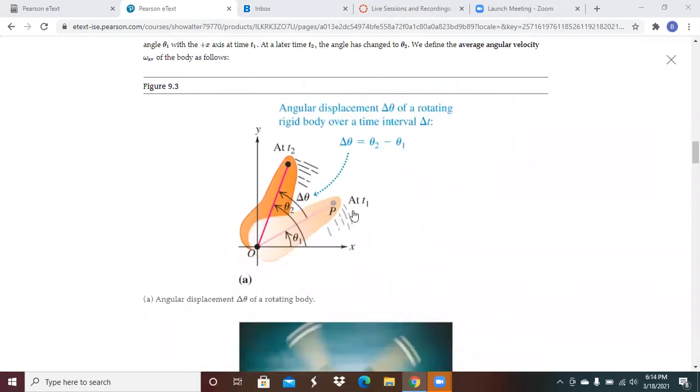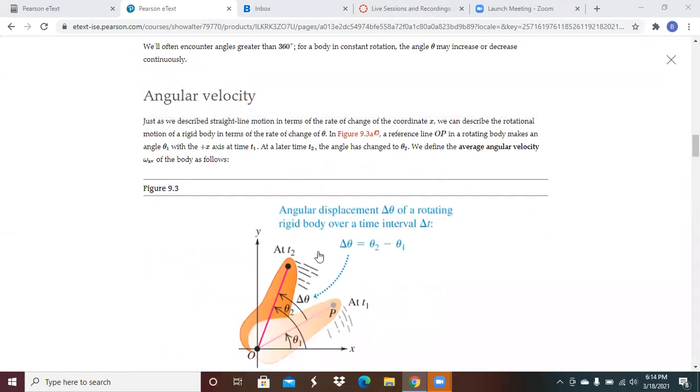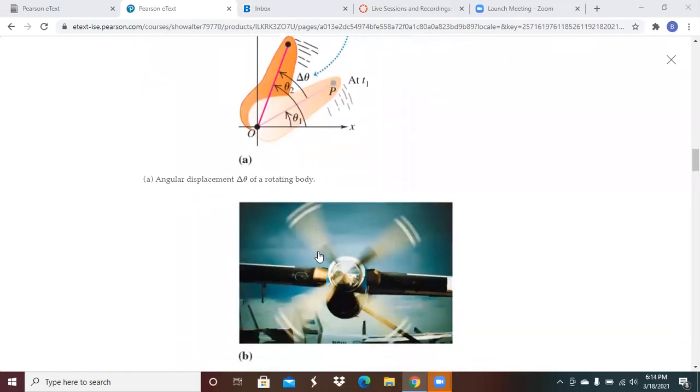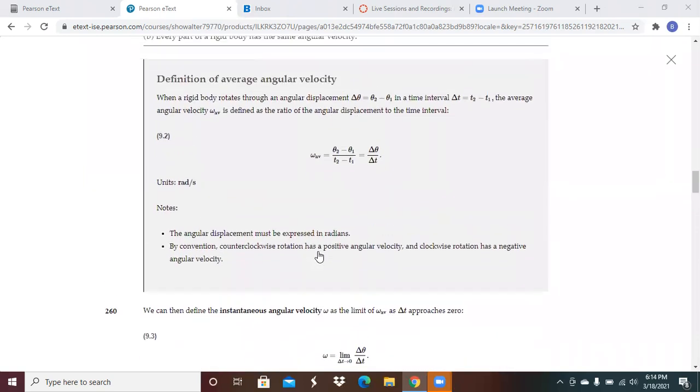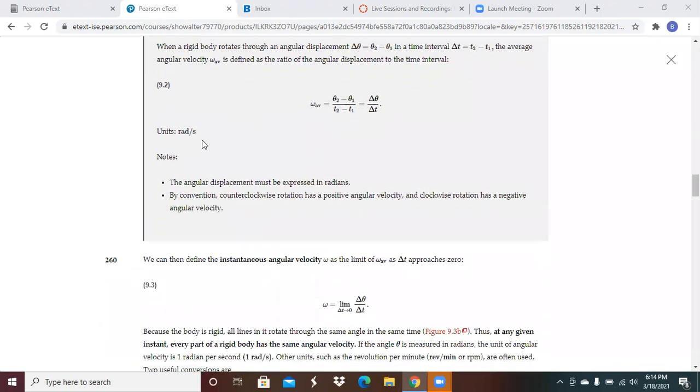So here's our discussion again regarding angular velocity, the average angular velocity. And again, you're looking at the change in the angle over the change in time, and your units are going to be radians per second.